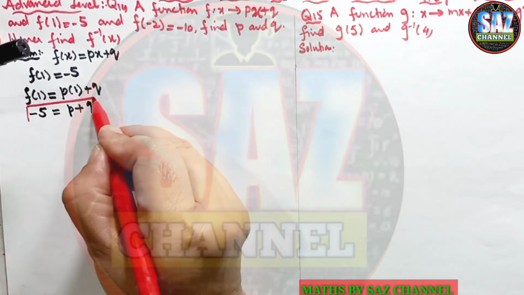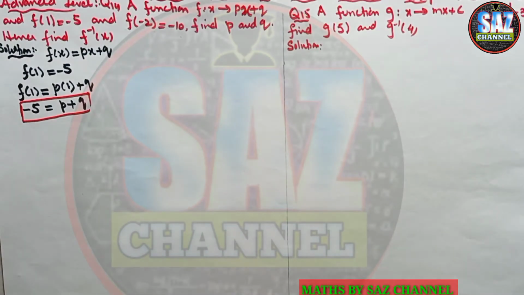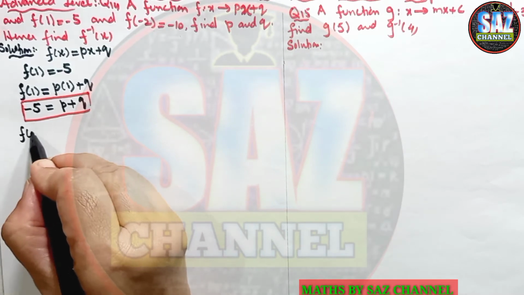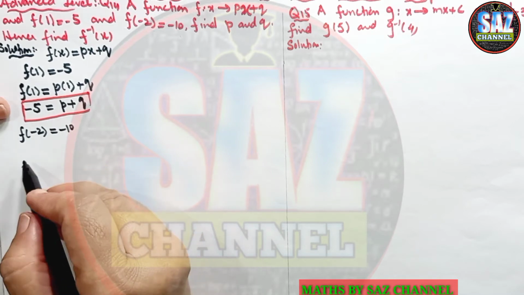Now we have to look at the second condition, that f of minus 2 equals minus 10. This is the second condition given.